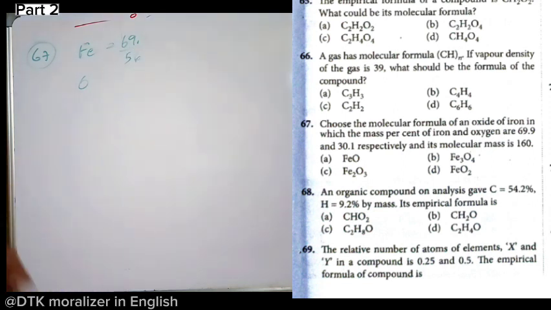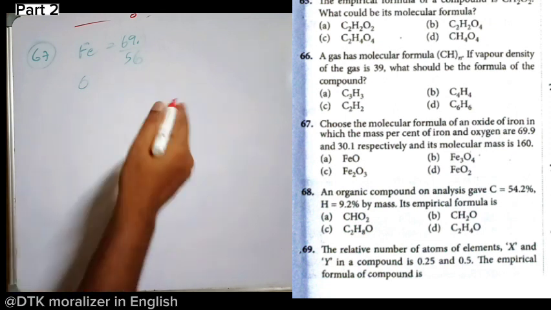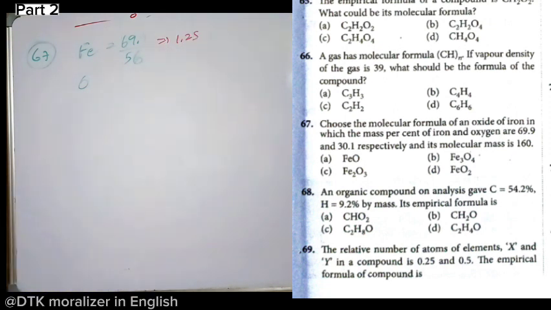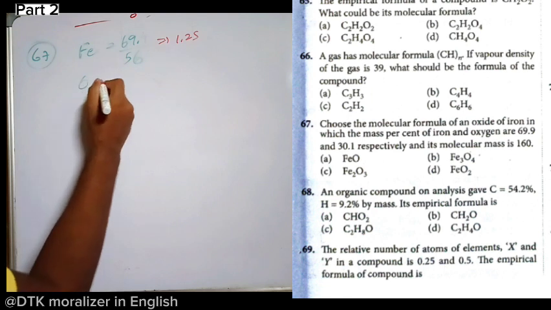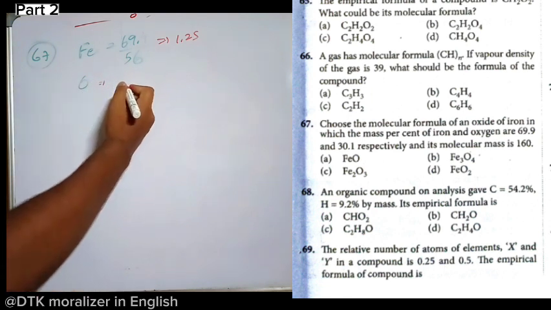So here the percentage is divided by atomic weight, which is equal to 1.25.